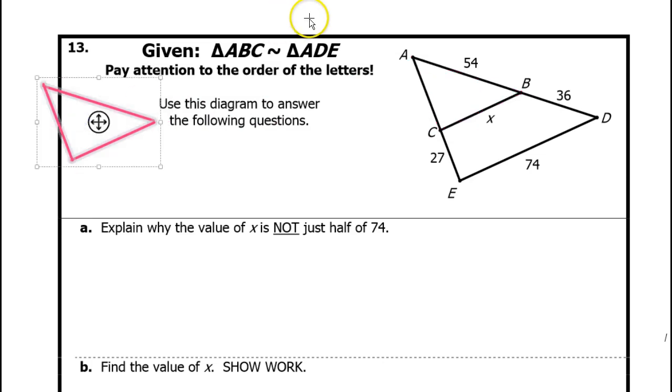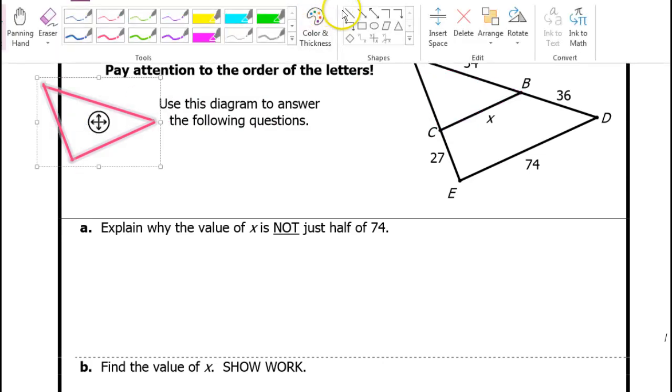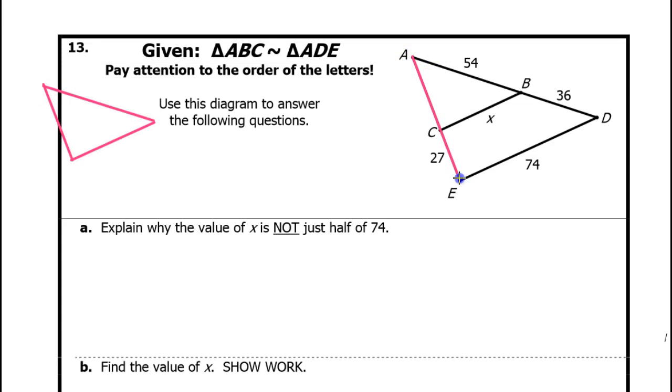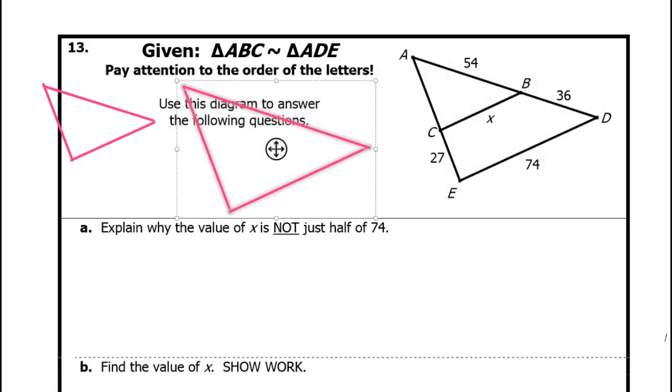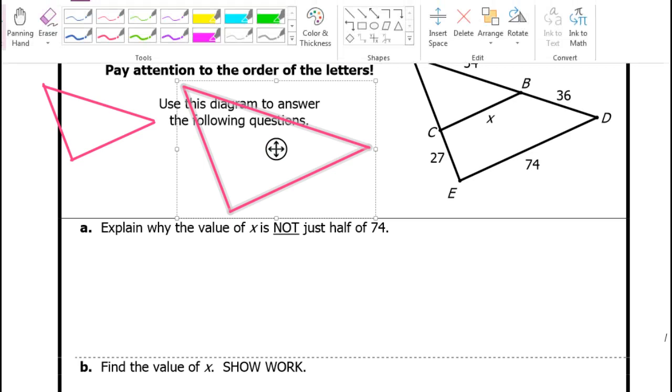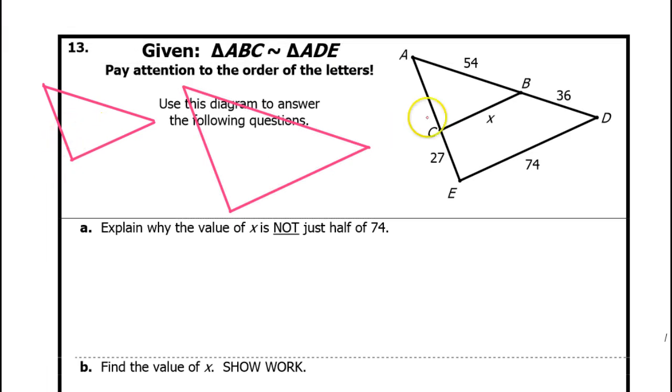All right, and then we have the larger triangle. Okay, so on the smaller triangle, I see we have the X and the 54. So I will have X and I'll have 54.